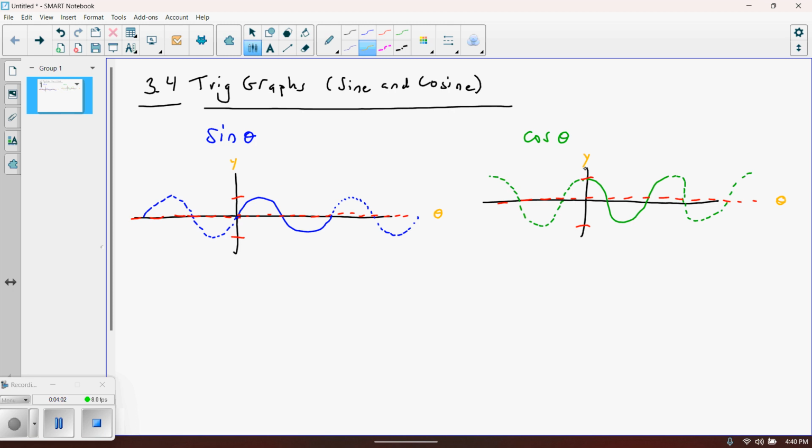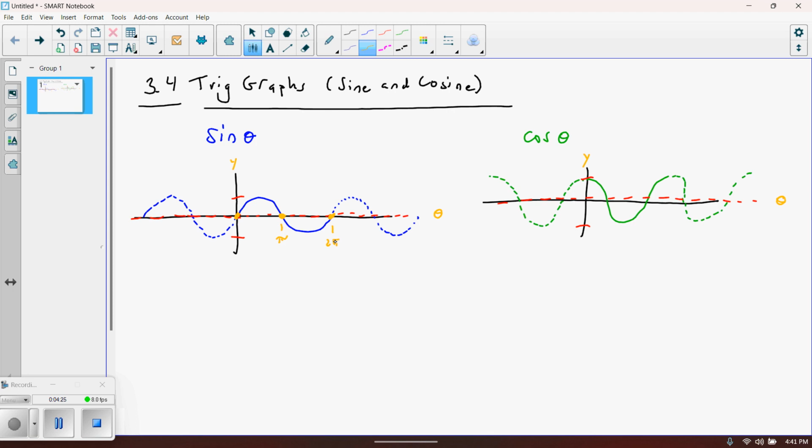The sine of 0 was 0. Well, that's right here. The sine of pi is also 0. Well, pi just happens to be right here, so we're going to call that pi. The sine of 2 pi is also 0, and this is all straight from the unit circle.